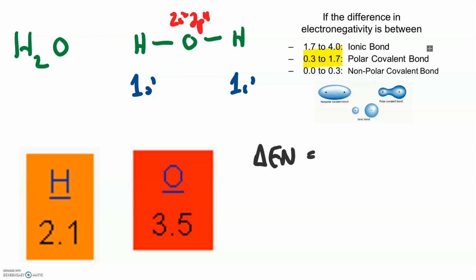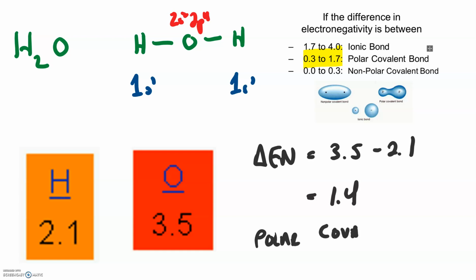So for the bond between hydrogen and oxygen, if oxygen has an electronegativity of 3.5 and hydrogen is 2.1, this is an electronegativity difference of 1.4. That makes this a polar covalent bond. What does this mean?